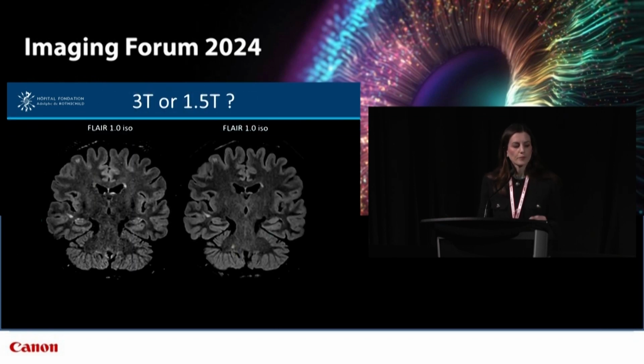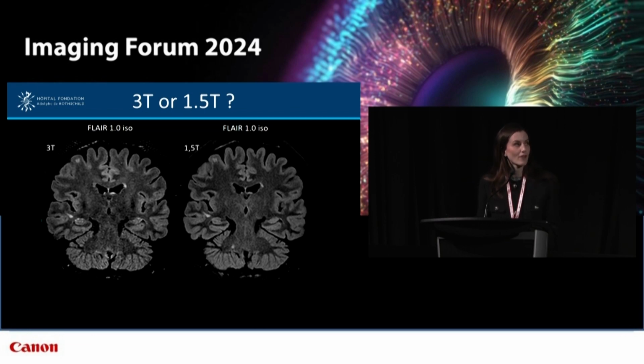So, if I was to have asked for a show of hands to say which scan do you think was done on 1.5 or on 3T, for the image on the left, do people think it's 3T, 1.5? 1.5 is what people are saying.